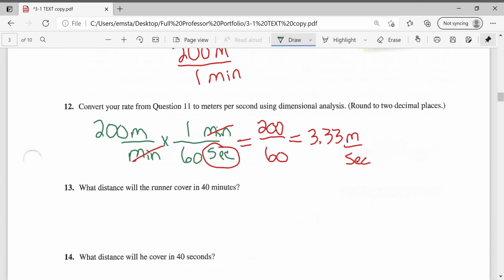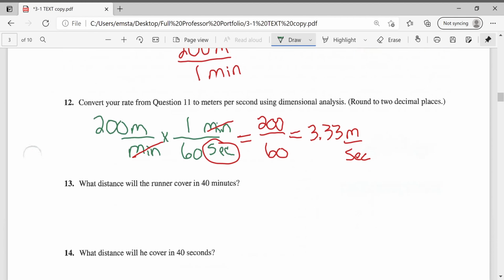Number 13 and 14 are very similar. 13 says, how far will they go in 40 minutes? Well, I need to go back to my 200 meters per minute. And multiply that by the 40 minutes given in this problem.